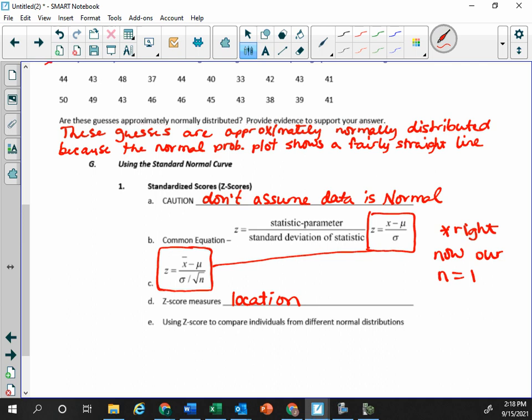And again, you can use these z-scores to compare different individuals, but only from normal distributions. You can't get a z-score for someone with a not normal distribution. It doesn't work, so you can't make those comparisons then. Okay, so let's try one. So if we're ready, go ahead and turn the page.